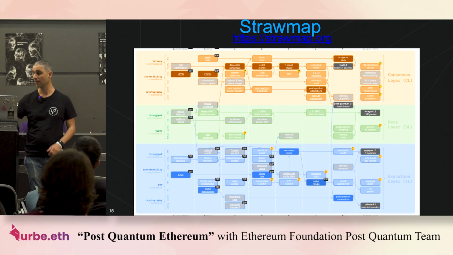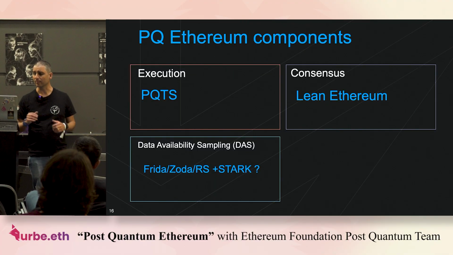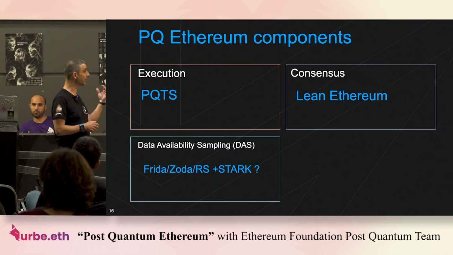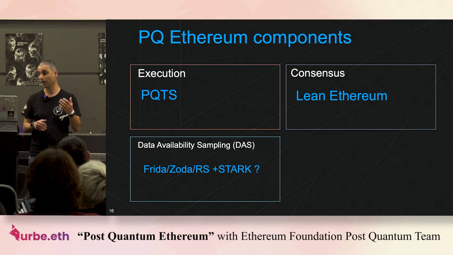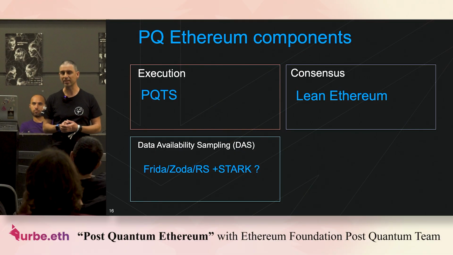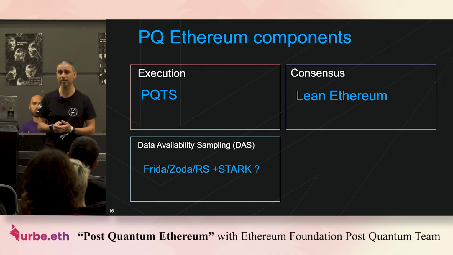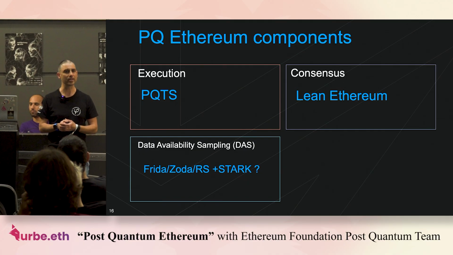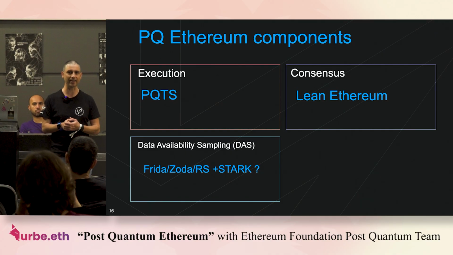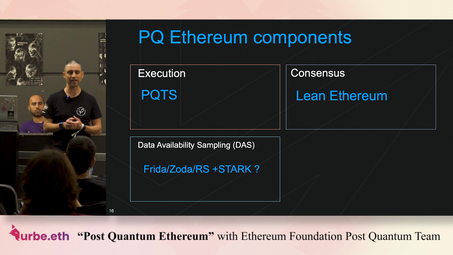roadmaps in the past. And again, these roadmaps can be split in three parts. For execution, we have these post-quantum transaction signatures calls that happen every two weeks, where every one of you can participate if you want. Every couple of weeks we present some stuff, and we're trying to decide how to replace ECDSA. That's the signature we have at the moment.